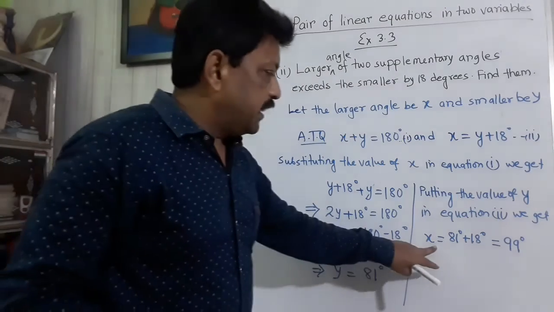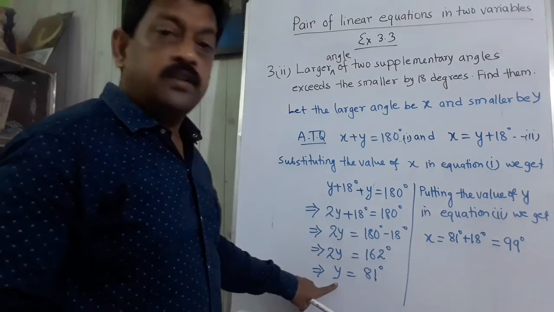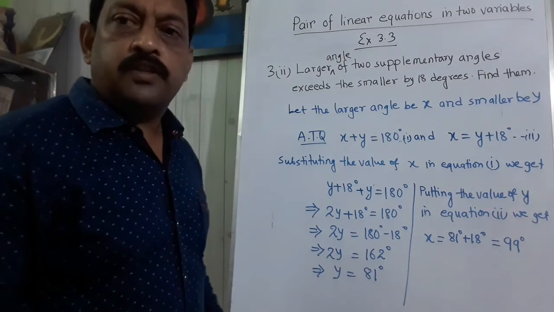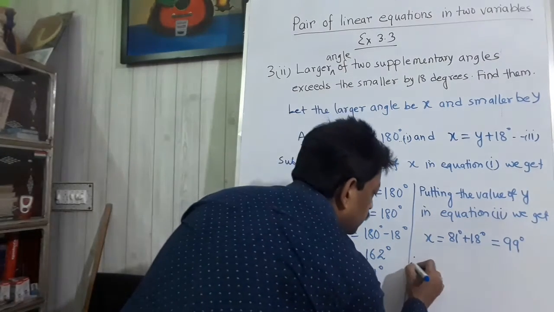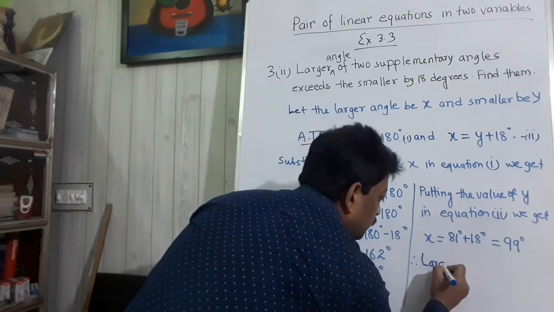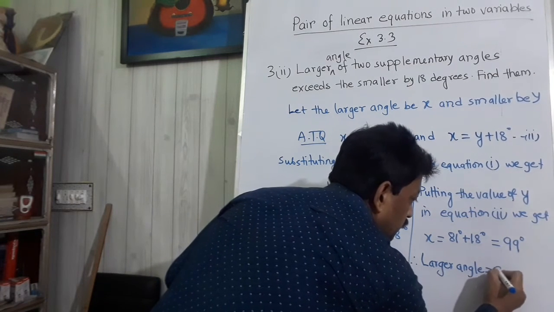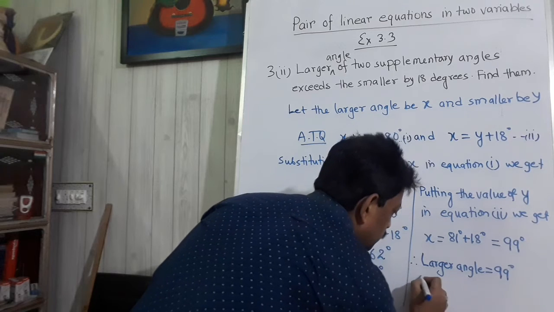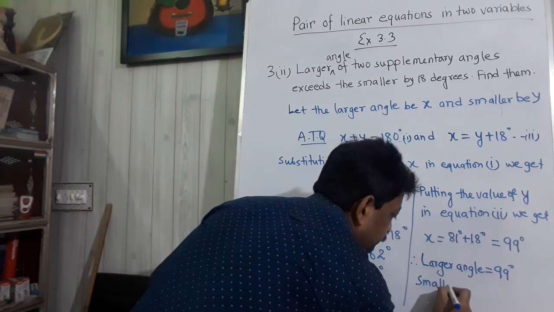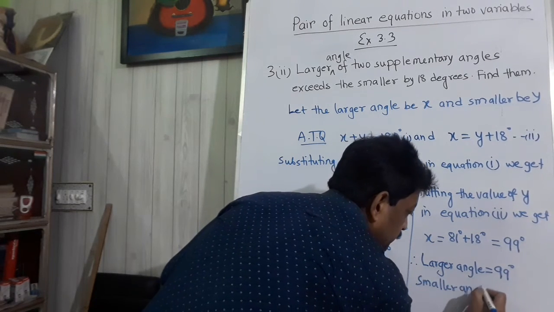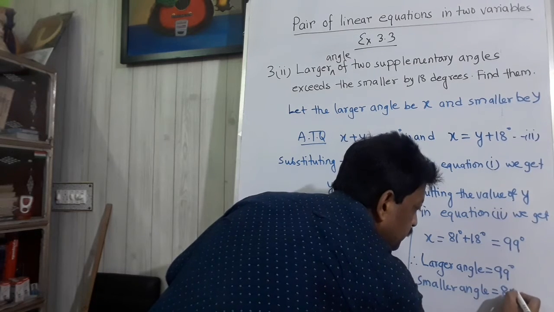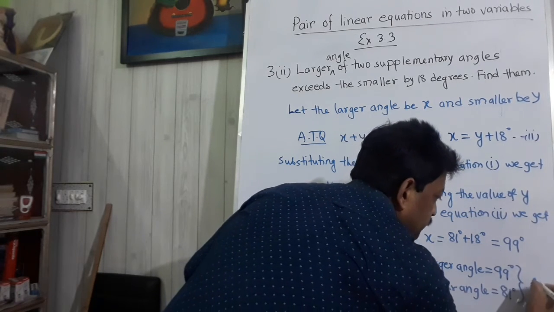So what is x? X is the larger angle, y is the smaller angle. So our statement will be, therefore larger angle equals to 99 degrees, smaller angle equals to 81 degrees. This is the complete answer.